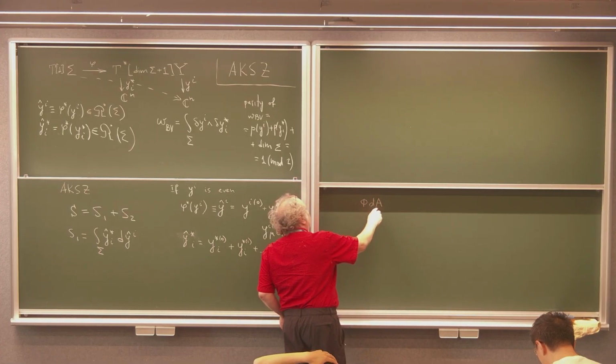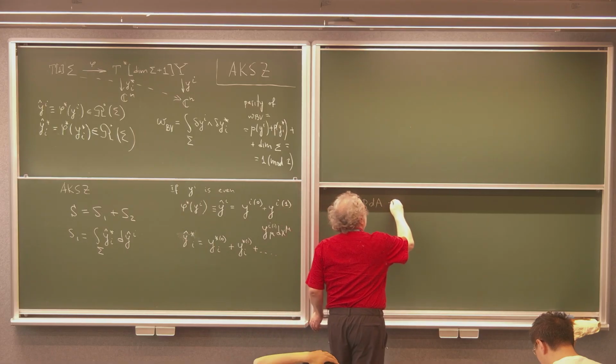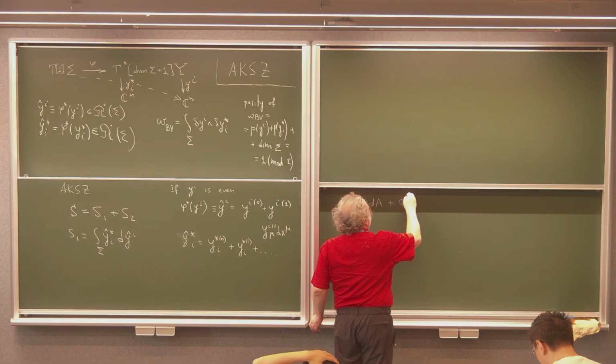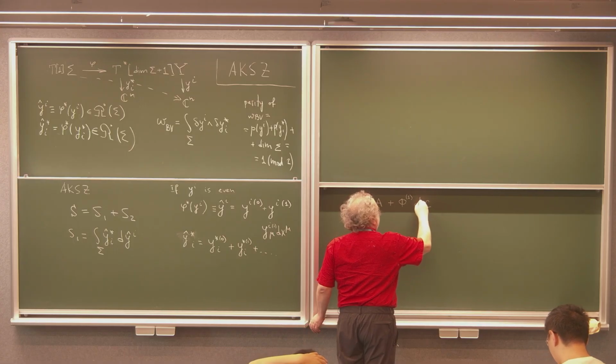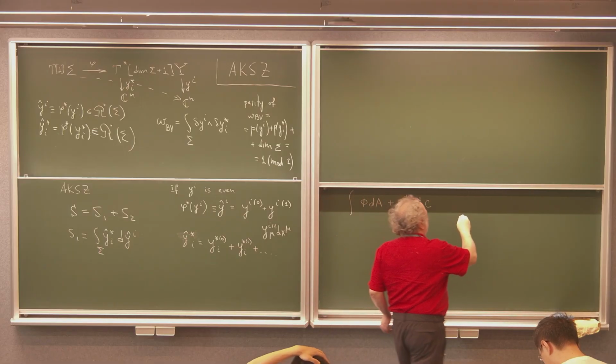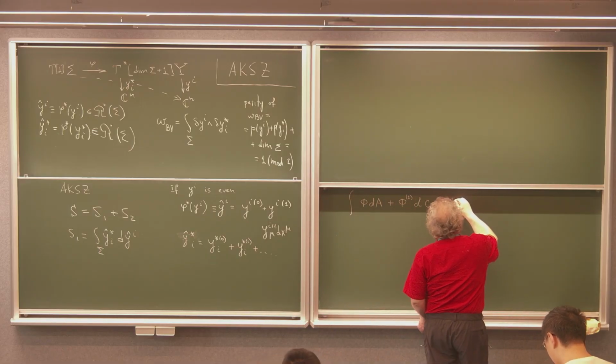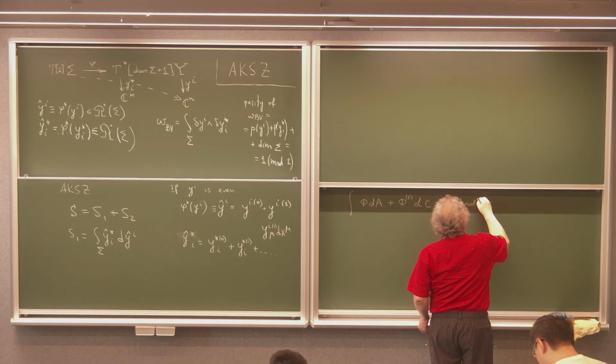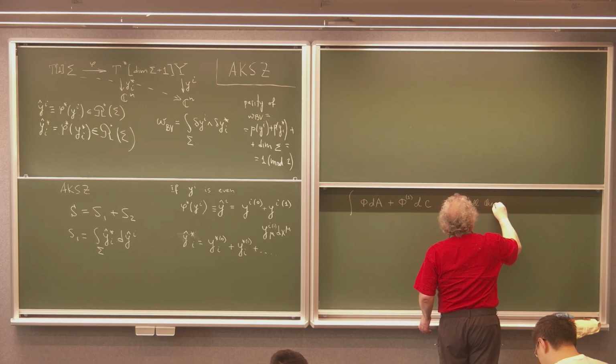We have phi, dA, plus what I call phi 1 dt. So this is Maxwell's field.